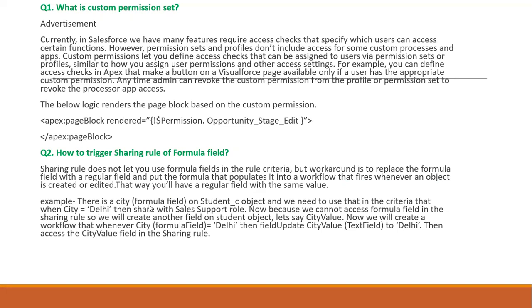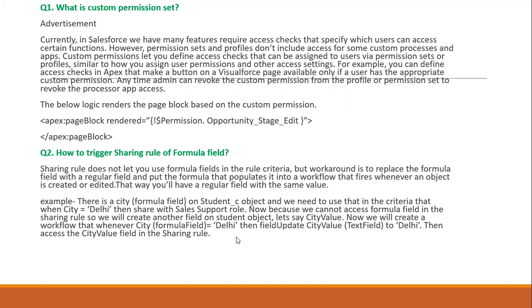Example: there is a city formula field on the Student object and we need to use that in the criteria, that when city is Delhi, then share with the Support role. Now, because we cannot access formula fields in the sharing rules, we will create another field on the Student object, let's say City Value.